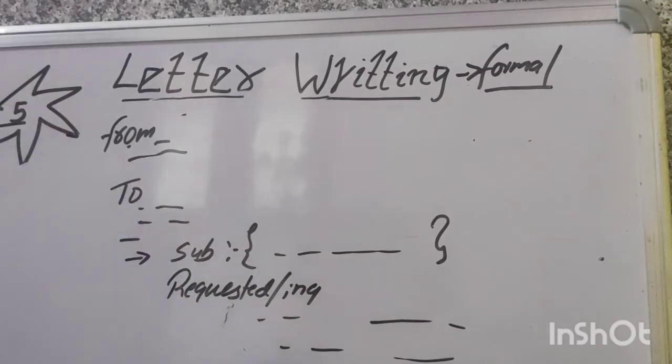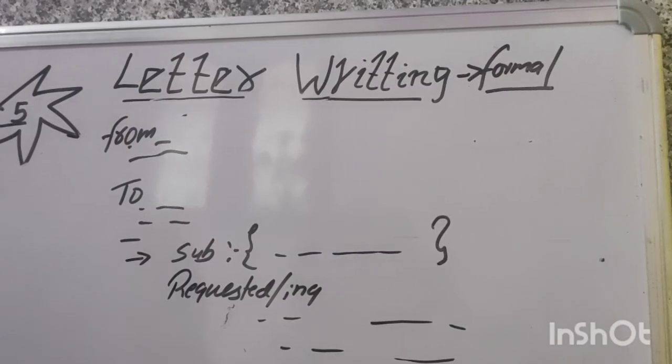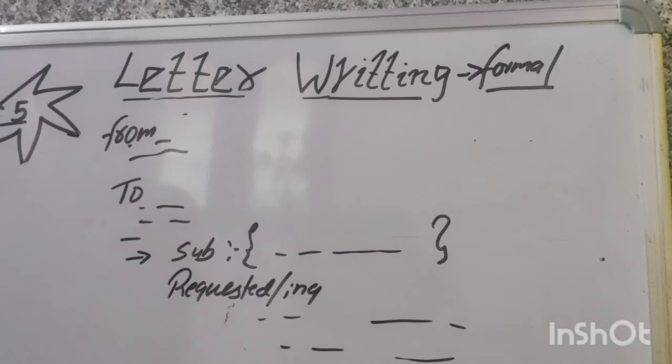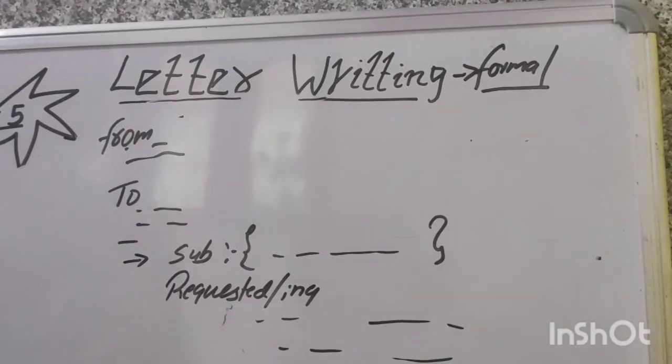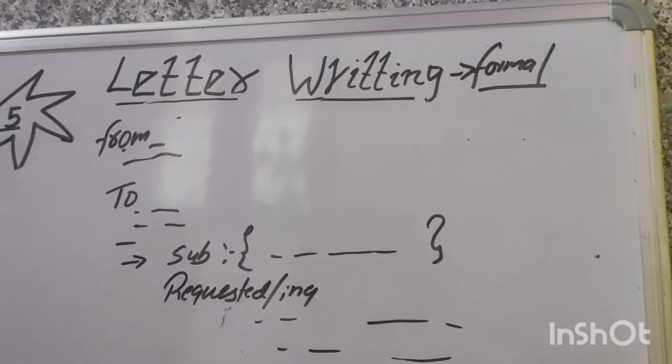Yes, before going to the last, don't use the points. Again I am repeating, don't write 1 2 3, no. Okay, then finally we are going to write yours faithfully or yours sincerely. Yes, yours faithfully. Why? Because we are writing a letter to a teacher. Okay, so this is all about the letter writing.